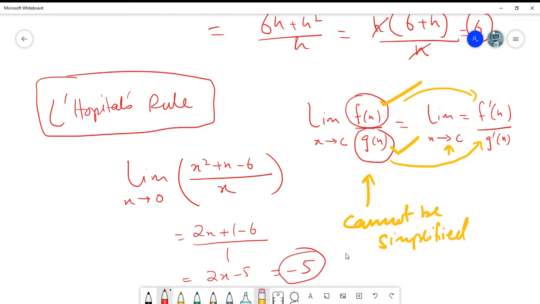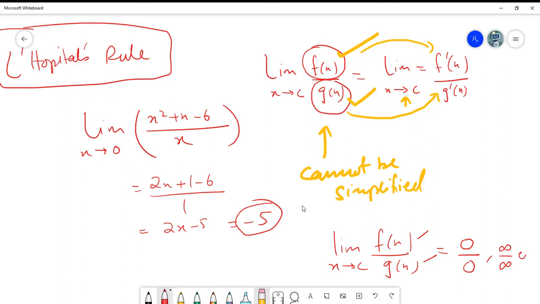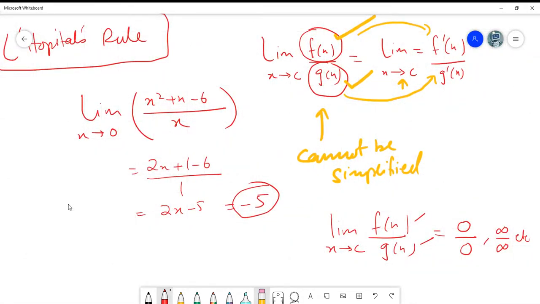But there are some limitations of L'Hopital's rule. This generally works if initially in our question we have, first of all, a fraction, and if we put the limit in our original function, we end up with something like 0 over 0 or infinity over infinity, etc. Otherwise, L'Hopital's rule cannot be applied.